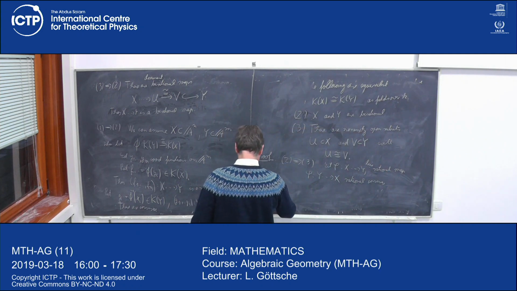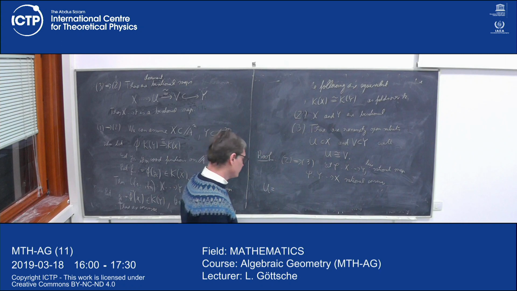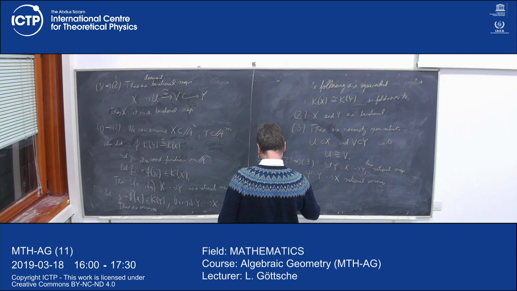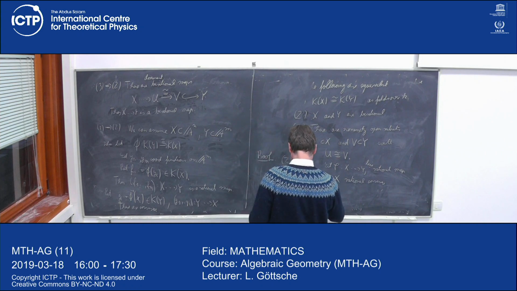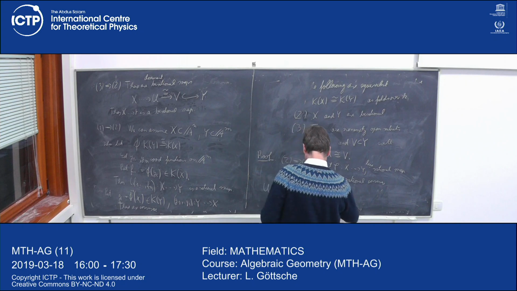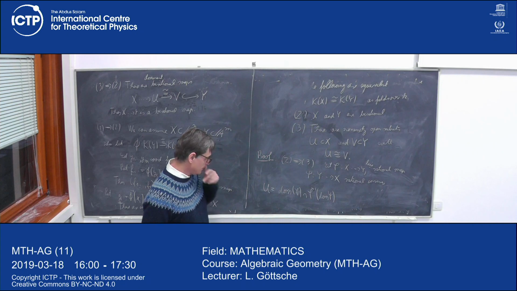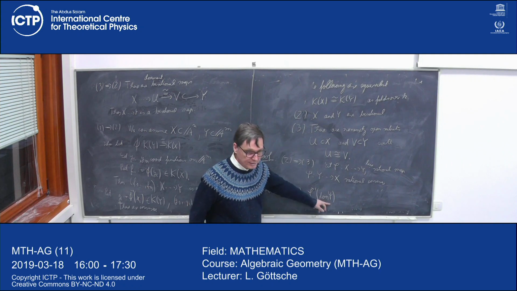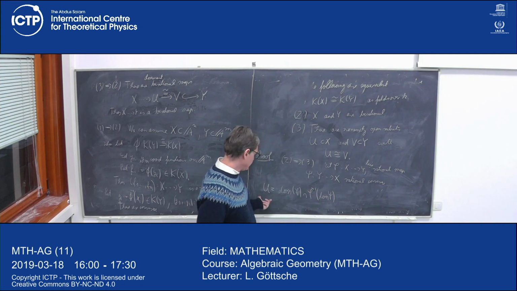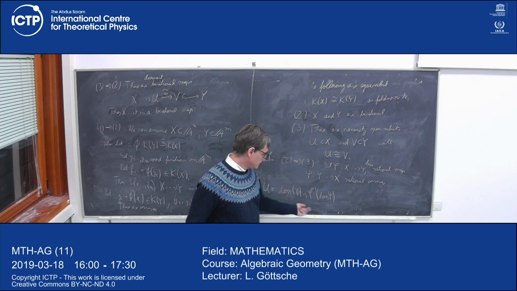So I can put U equal to the domain of phi intersected with the inverse of the domain of psi. Okay, so these are all the points which lie in the domain of phi and which are mapped into the domain of psi. So this is the inverse image of an open subset. This is also open.